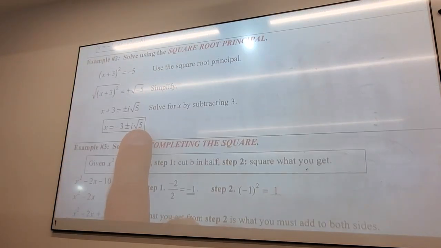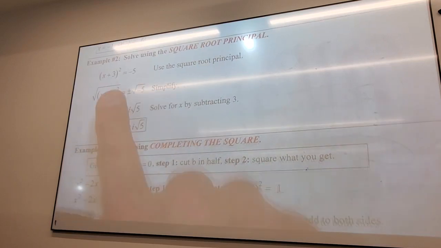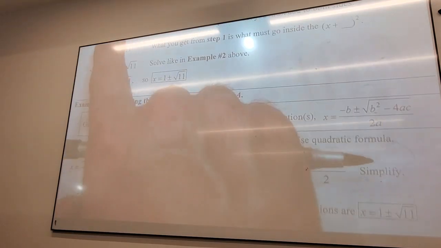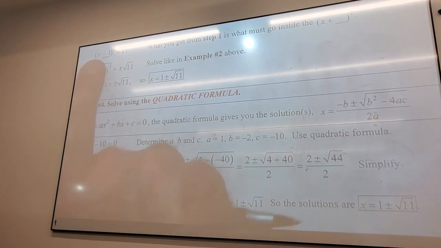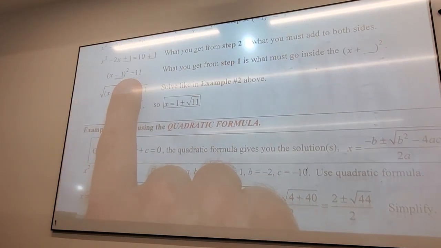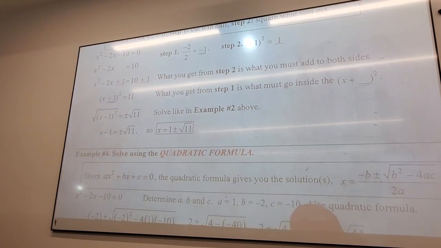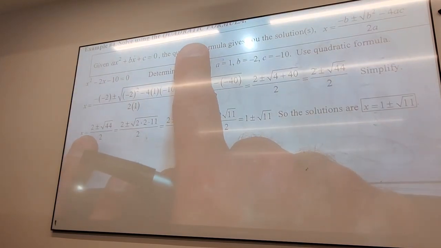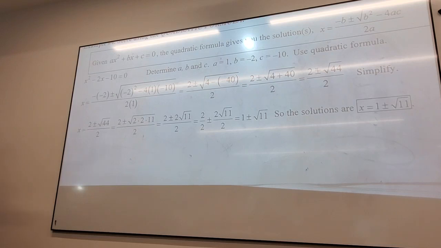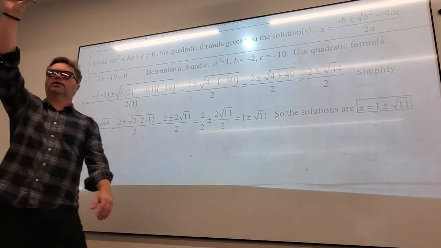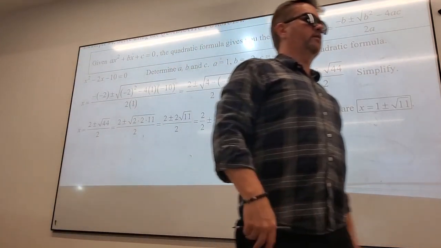You can just straight up square root both sides, if it's in the right form. You can complete the square, so you put it in the right form, and then square root both sides. And of course you could use the quadratic formula, which is just completing the square more directly, a shortcut sort of completing the square.